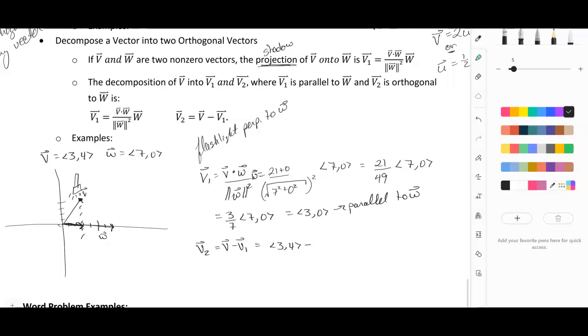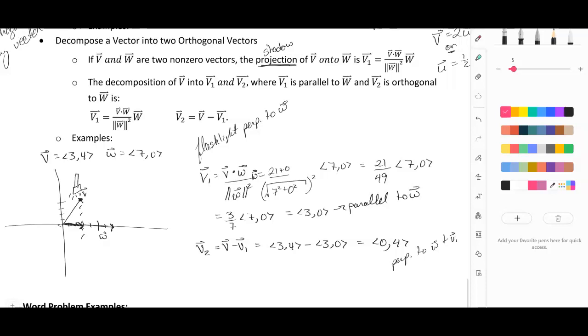I've got V, and I'm going to subtract V1, which is 3, 0. So 3 minus 3 is going to be 0. 4 minus 0 is going to be 4. So there's my vector. This guy is going to be perpendicular or orthogonal to W and V1.